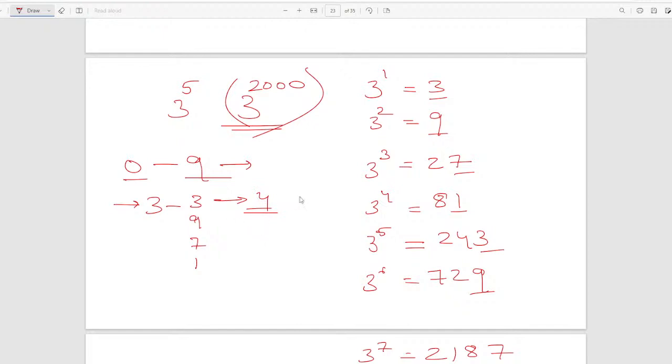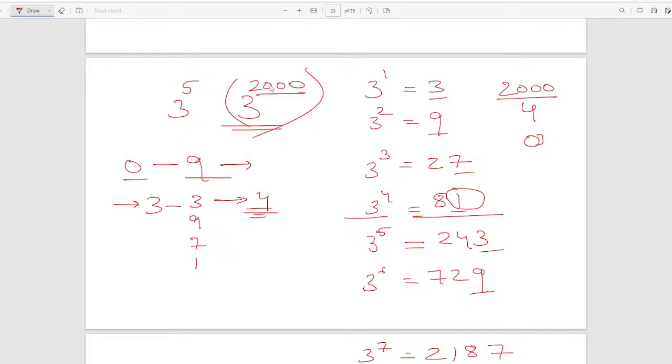So what we do to calculate the unit digit of this number is divide this 2000 by the cyclicity. For example, if I divide this by 4, the remainder would be 0. If the remainder is 0, that means this number is a multiple of 4. And for a multiple of 4, like 3 raised to 4, the unit digit will be 1.